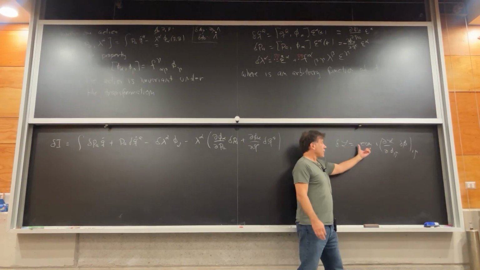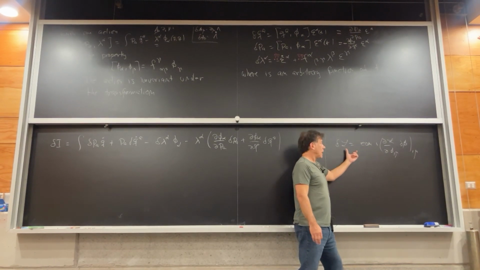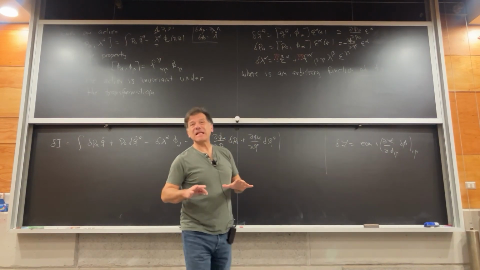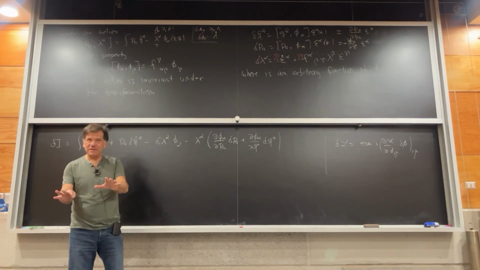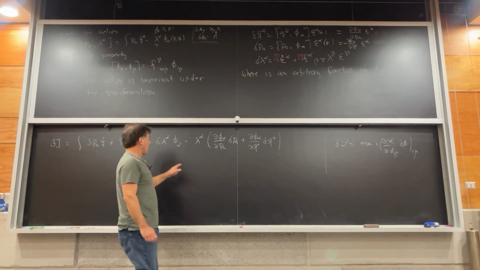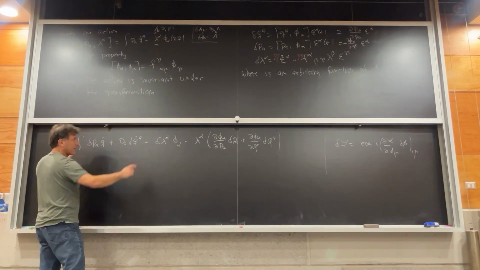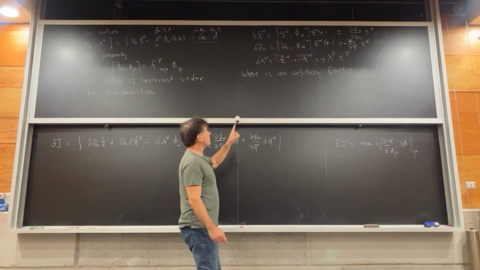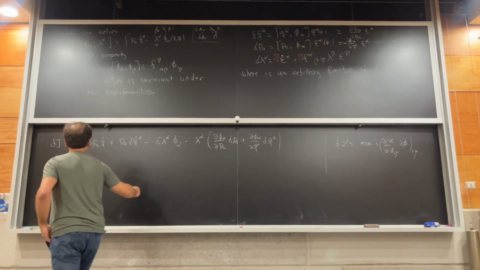So if I use the equation of motion, I will get a boundary term by definition. That's the difference between a symmetry and finding the equation of motion. I need to be able to prove that this whole thing is a total derivative without using any equation, just the transformation. Okay, so let's practice transformations.